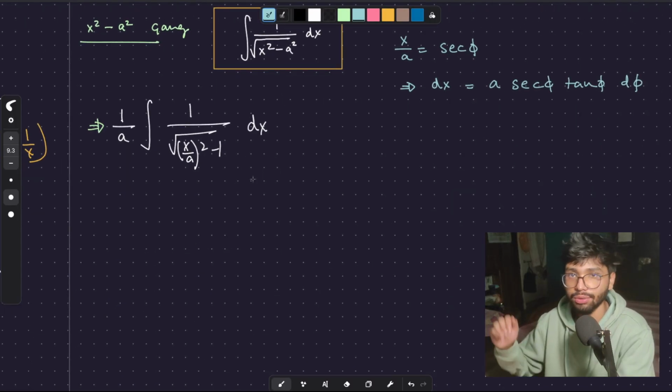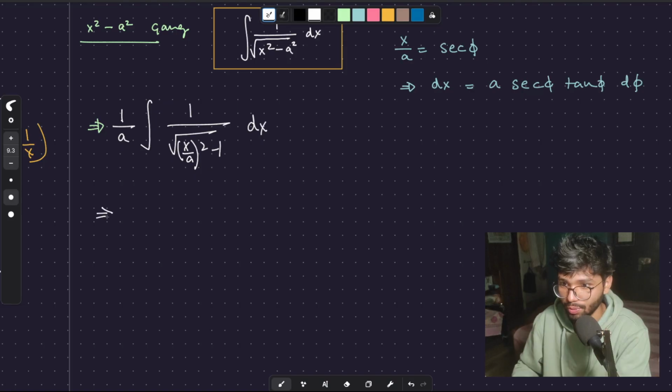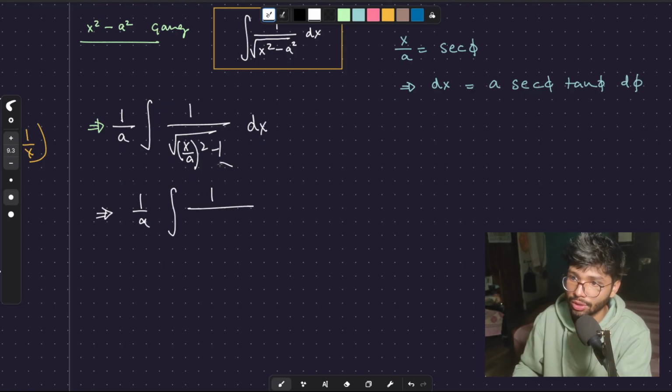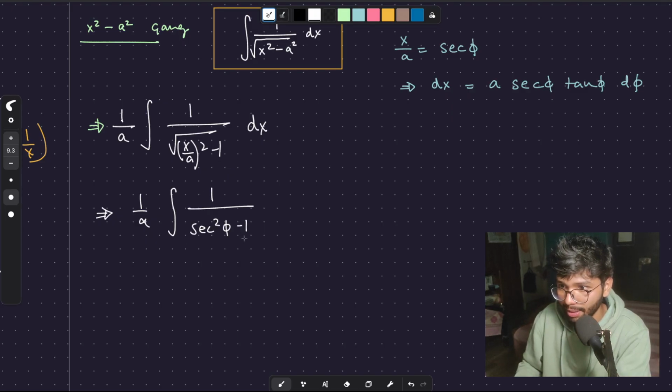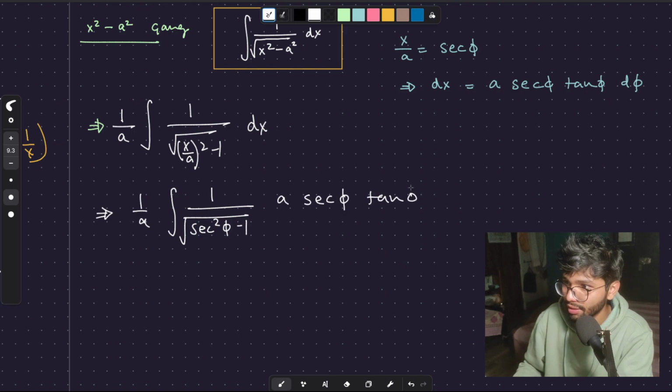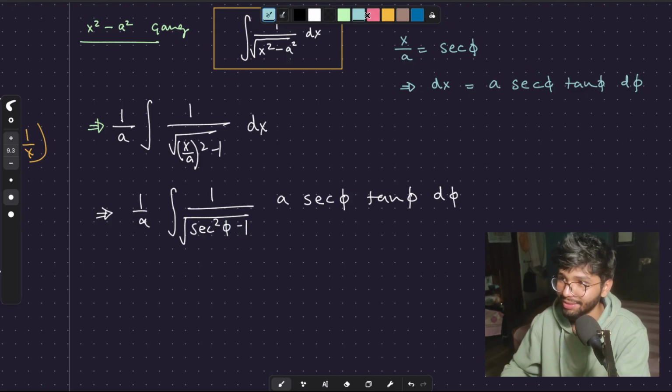We're going to substitute this back into our equation. 1 over a times the root of secant squared phi minus 1, and dx is a secant phi tangent phi d phi. Too many phi's, but we love phi's.